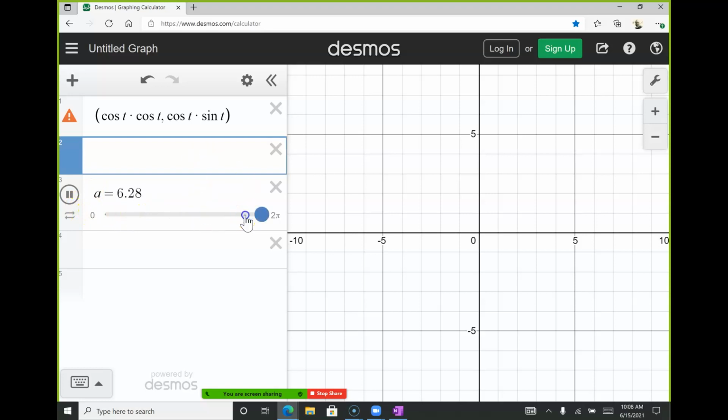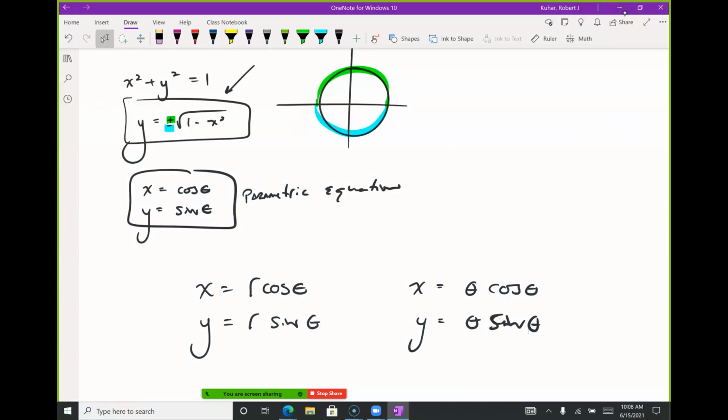No, it doesn't like my curve for some reason. But you can get some really beautiful curves out of these parametrics. Not the one I just did, of course.